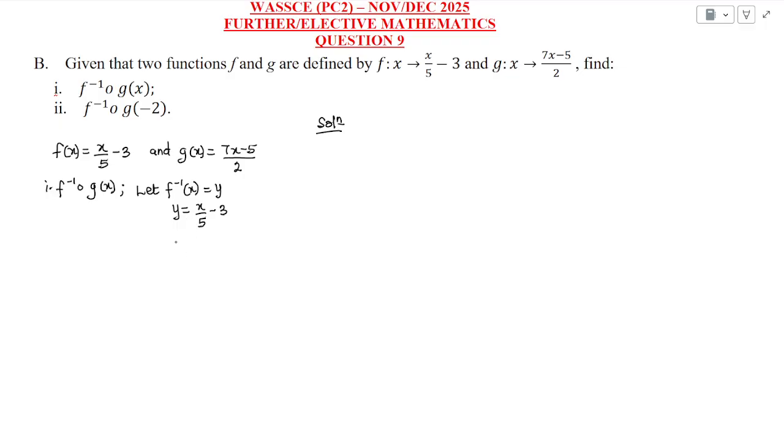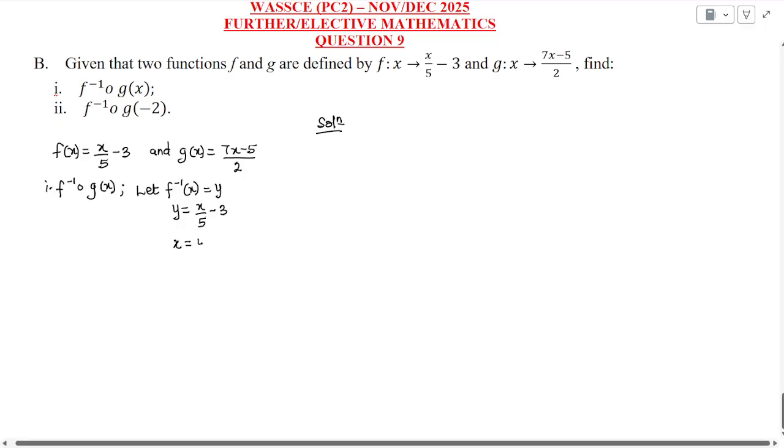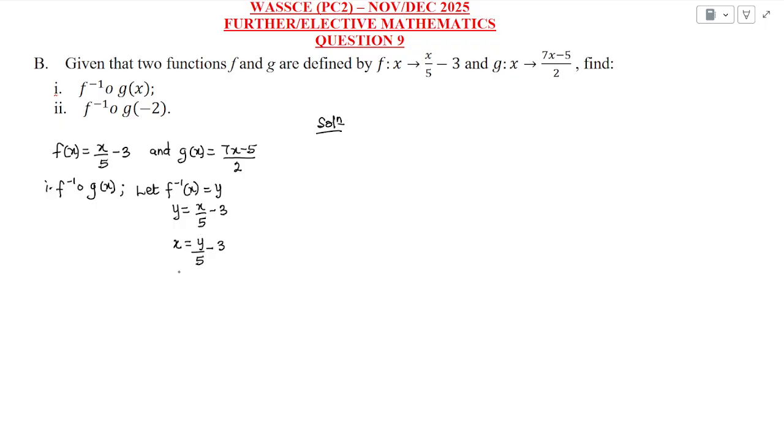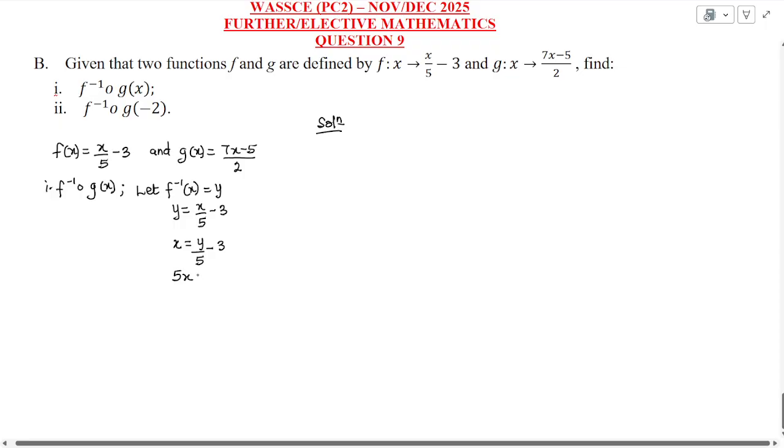So interchanging this gives me x equals y divided by 5 minus 3. Then to make y the subject, I have to multiply through with the LCM. So multiplying through, this gives me 5x equals y minus 15. Then I make y the subject.